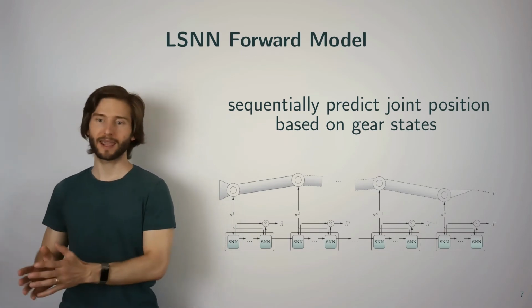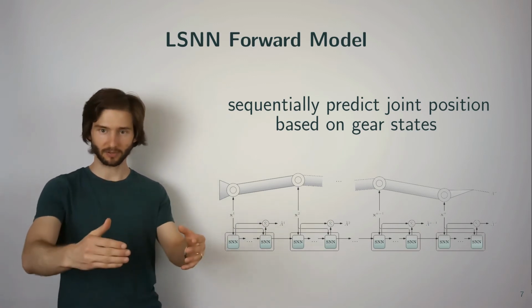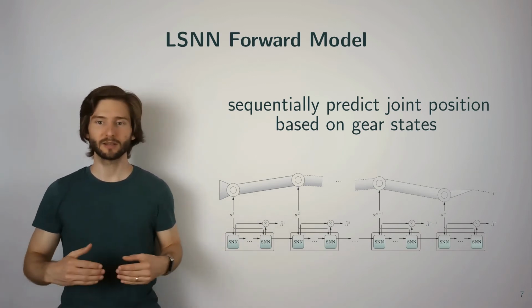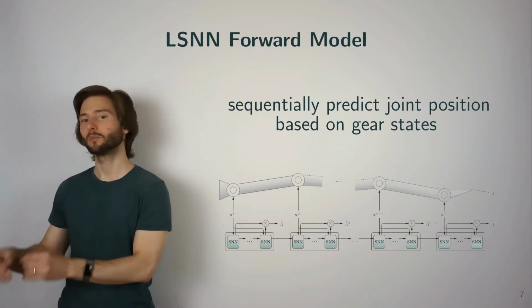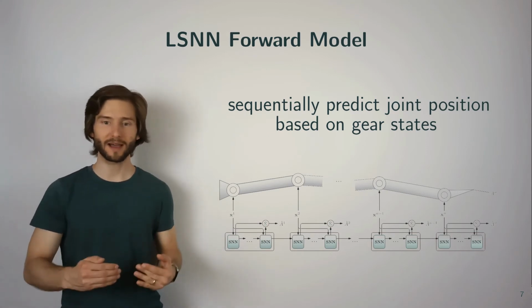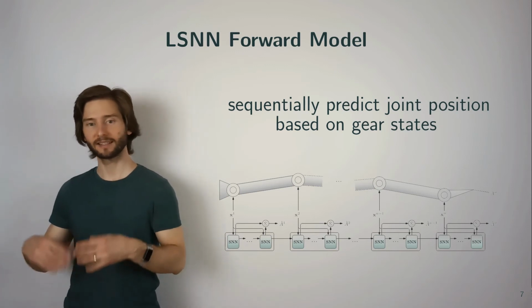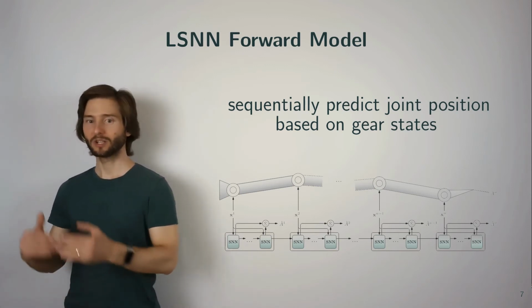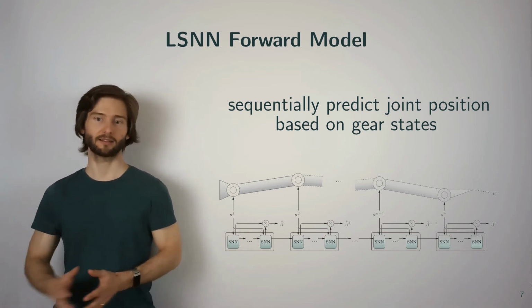We then backpropagate this error back through the network and back through time into the inputs. And for these inputs we now get an input error with respect to this discrepancy between the predicted position and the target position. And we can now optimize these input errors with a gradient descent technique and thereby adjust the gear states of the robot, which then leads to a steering of the robot's end effector towards our desired target.